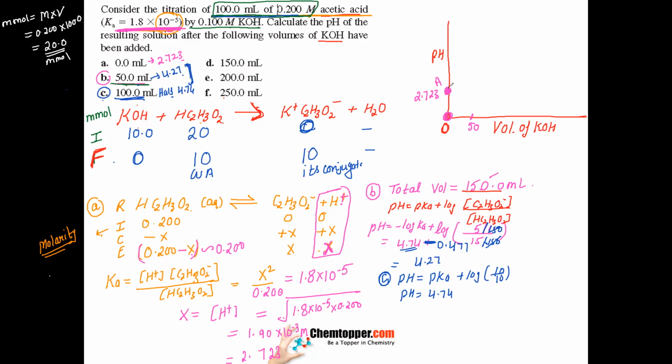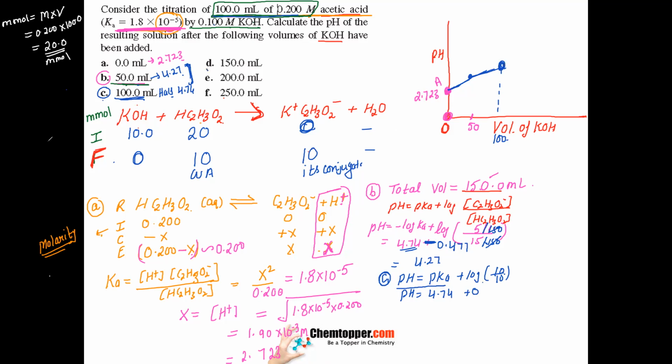So when I put these points here, this is, let's say, pH 4.27 at B, and then you can see this is 100 ml, right? And it is the half equivalence point, and you can see that pH equals pKa because log 1 is 0. We have reached the half equivalence point, children.